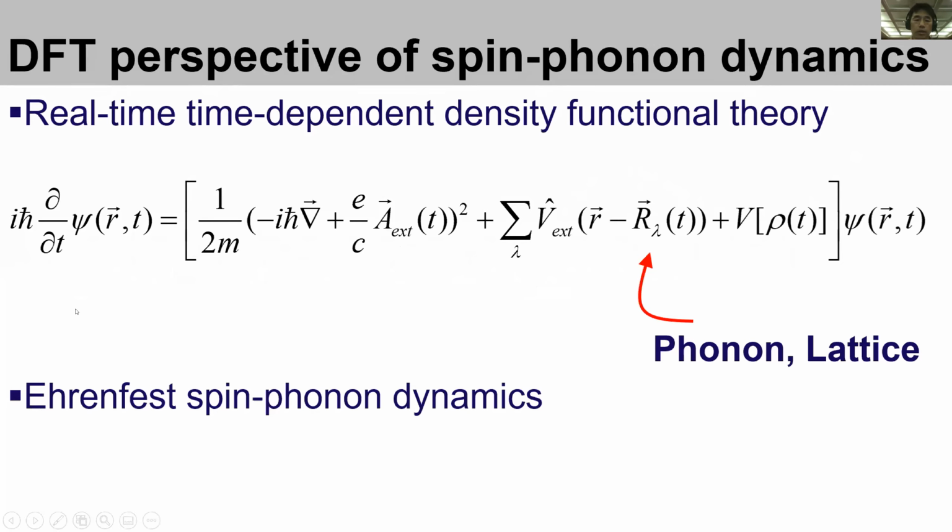Then our motivation is: let's calculate the time evolving electronic state, and let's derive the spin dynamics by calculating the expectation value.